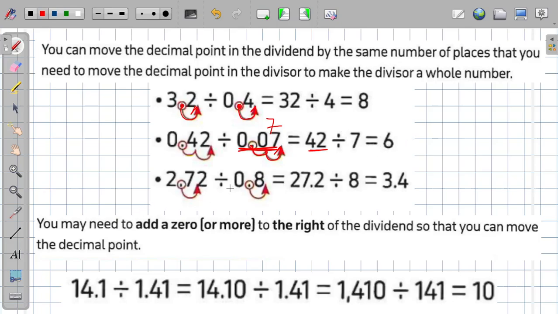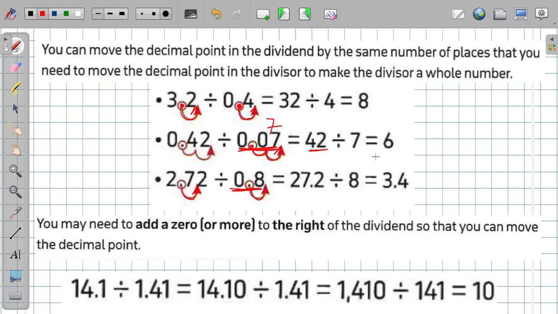Here, I will look at the decimal point in the divisor. So I have to move it one place. So I will move it one place in the dividend. So it will be between 7 and 2. So I will have 27.2 divided by 8 equals 3.4.